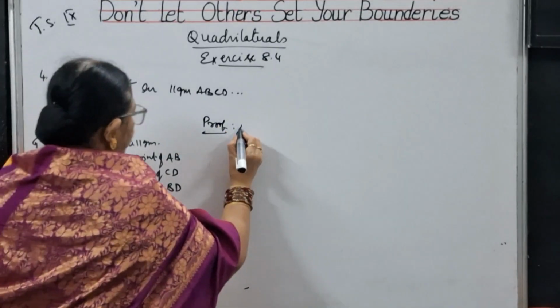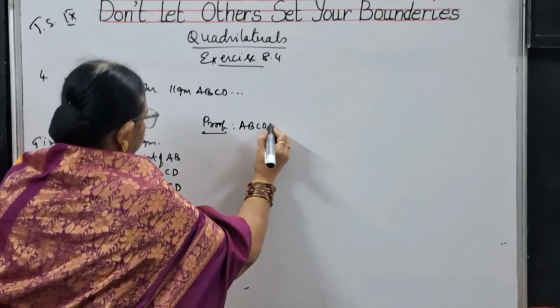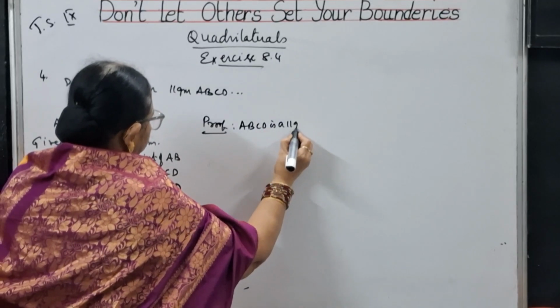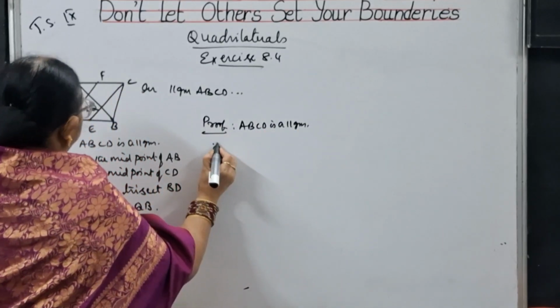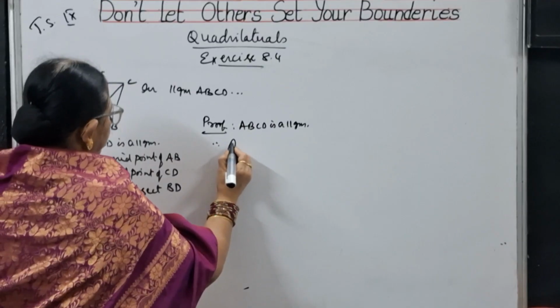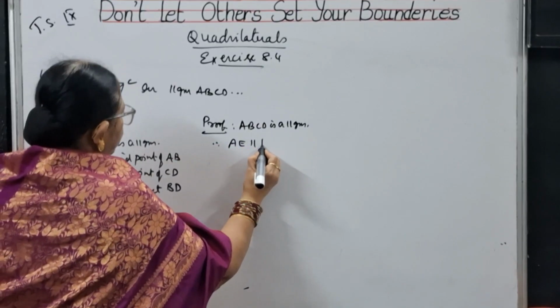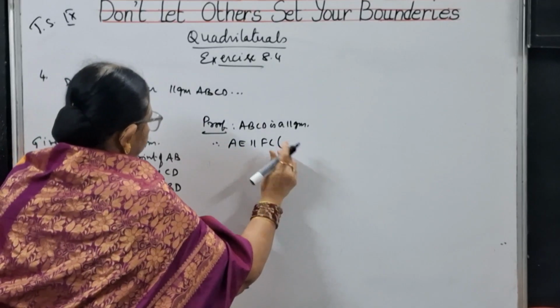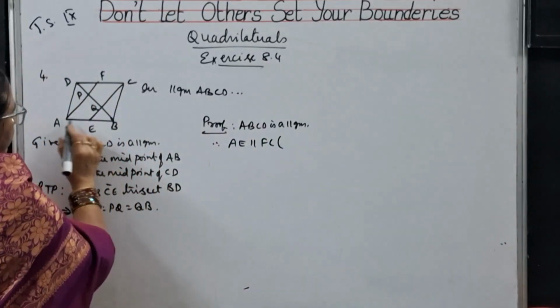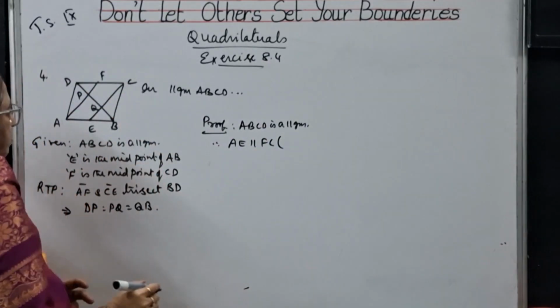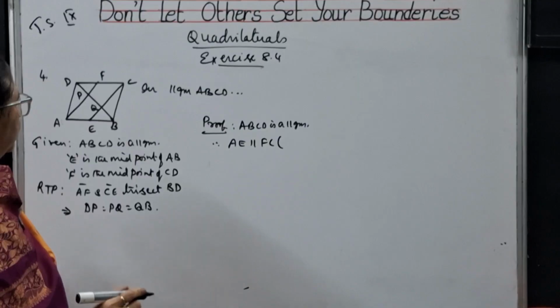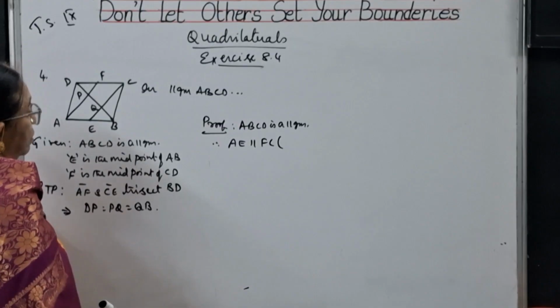See, we know ABCD is a parallelogram. Therefore, AE is parallel to FC, isn't it? Because AE is a part of AB and FC is a part of CD.